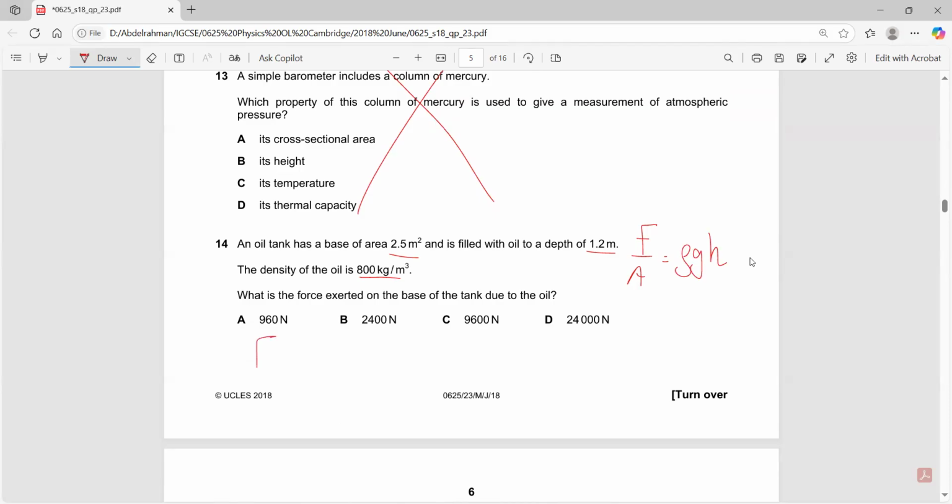To find the force, it would be equal to rho g h times the area. Basically 800 times 9.8 or times 10, times the height, 1.2, times the area, which is 2.5, giving you a total force of 24,000 newtons.